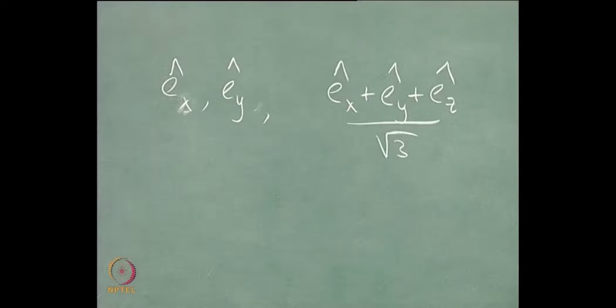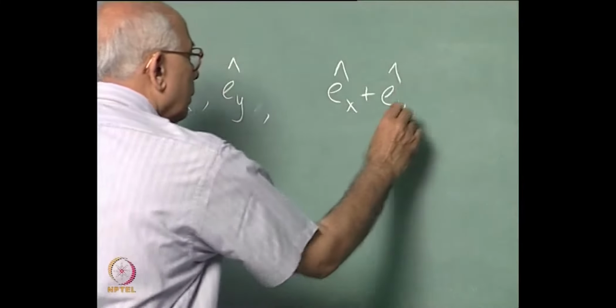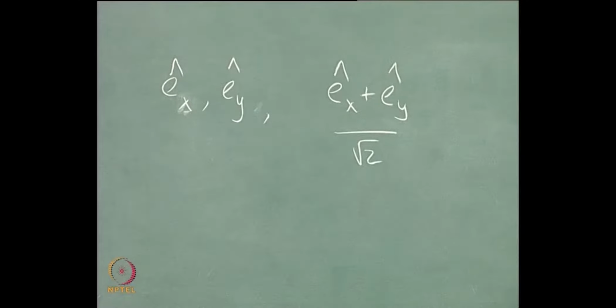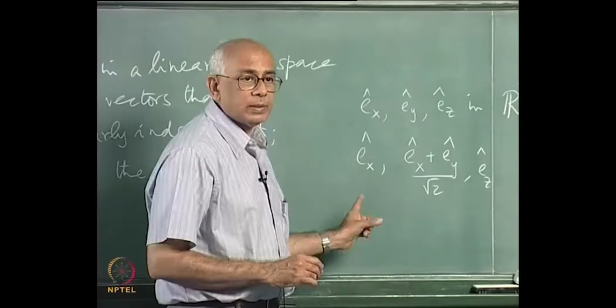Yes indeed, this would be a basis in the space. Do these vectors span the space? They span only the xy plane, they do not span 3-dimensional space. These two vectors alone are linearly independent, but they do not span R3.